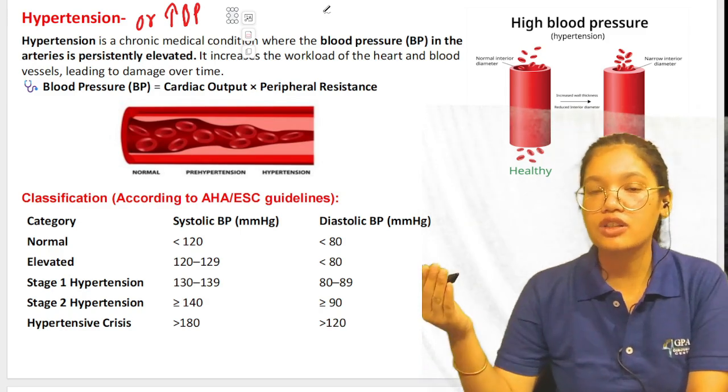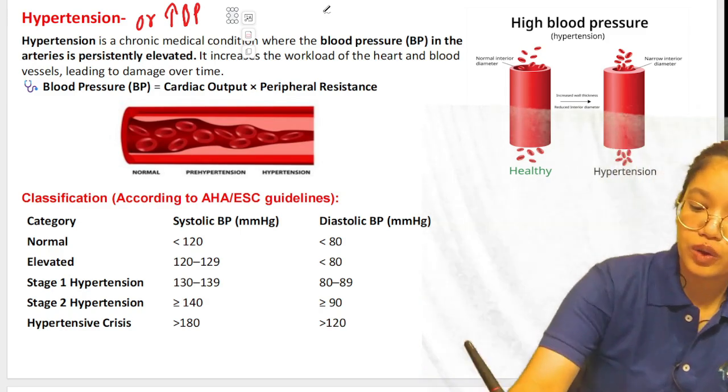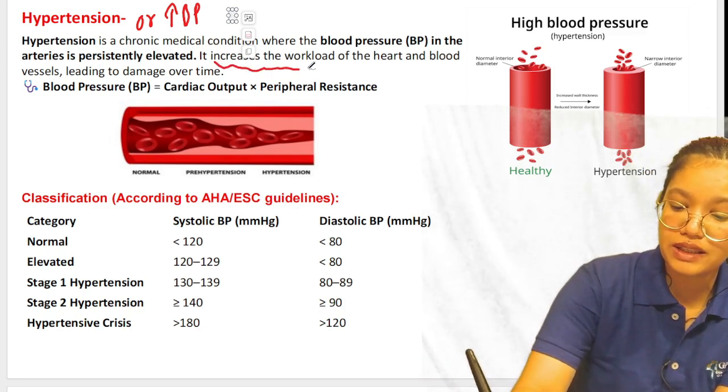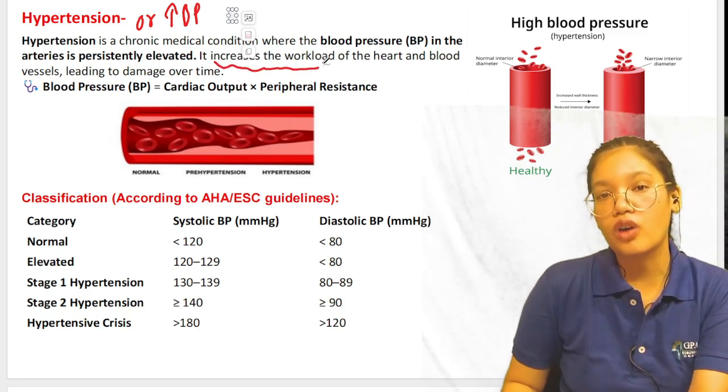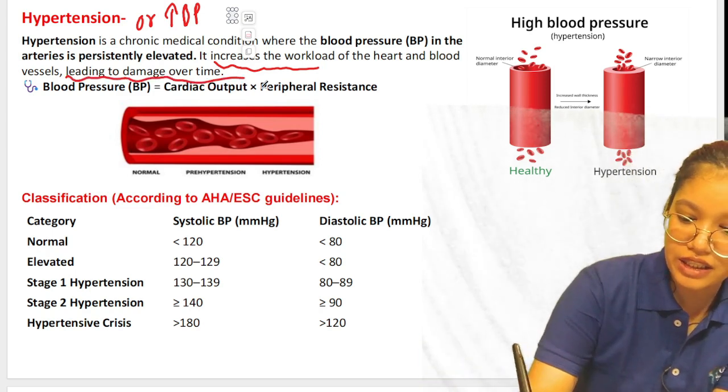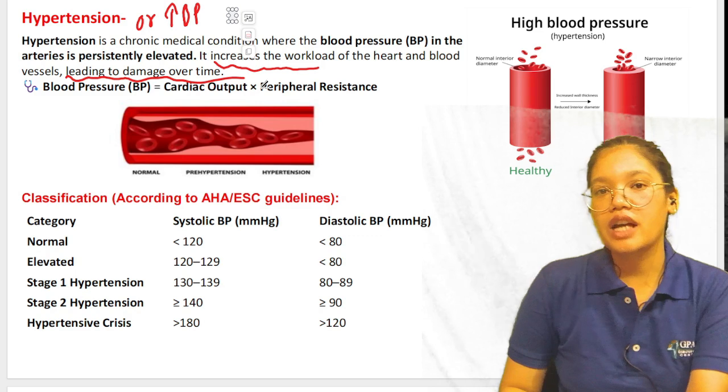That condition is known as hypertension, and due to that elevated pressure there is an increase in the workload of the heart and the blood vessels, and that leads to damage over time.